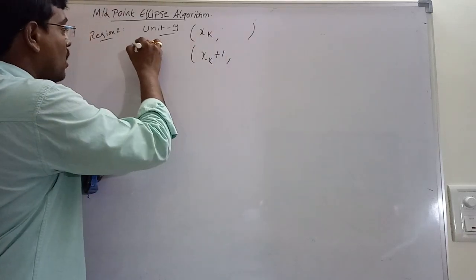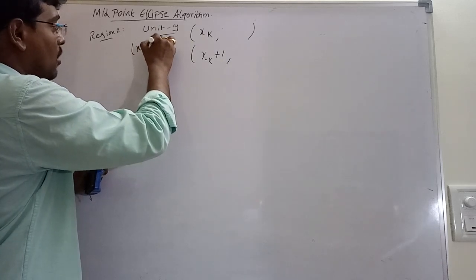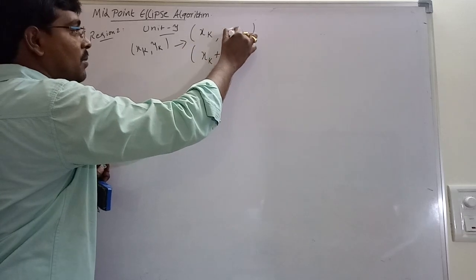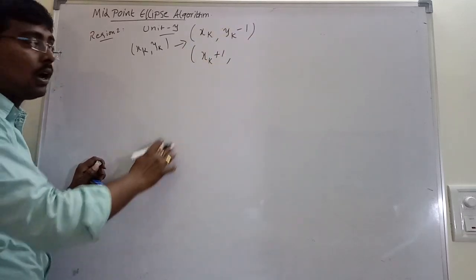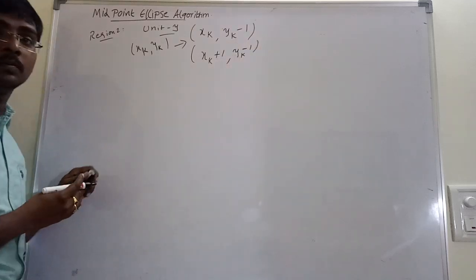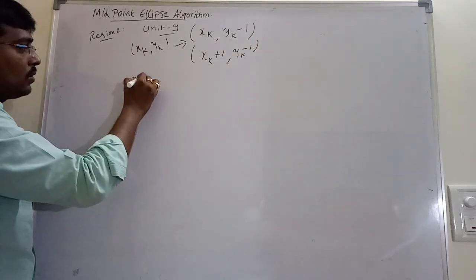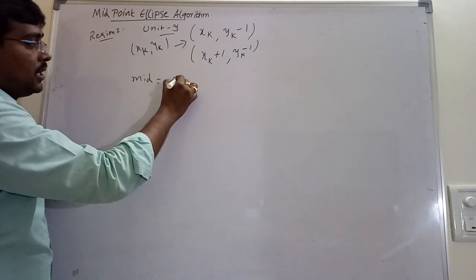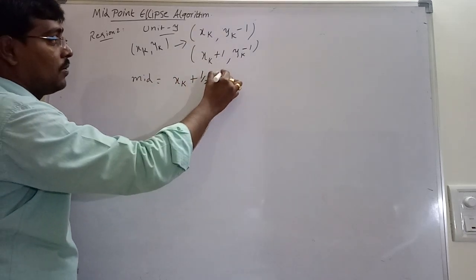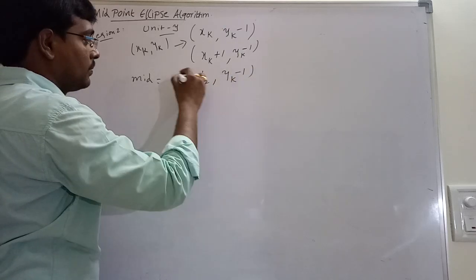So the initial point is (xk, yk). The next point is either (xk, yk minus 1) or (xk+1, yk minus 1). So similar to region 1, calculate the midpoint. Mid is equal to (x1+x2)/2, that means (xk plus half, yk minus 1).